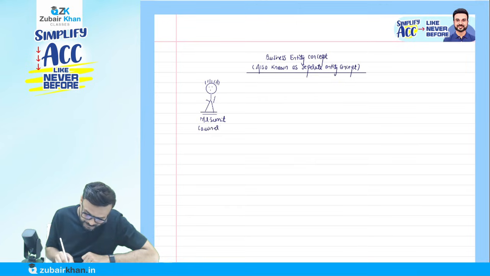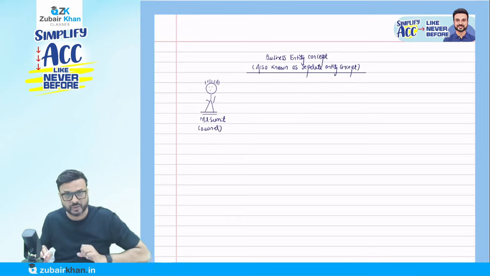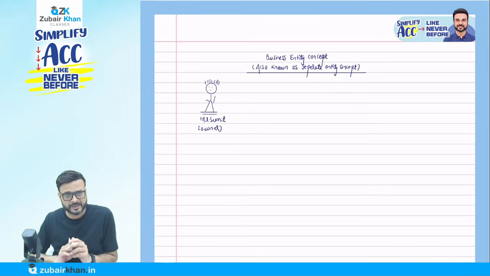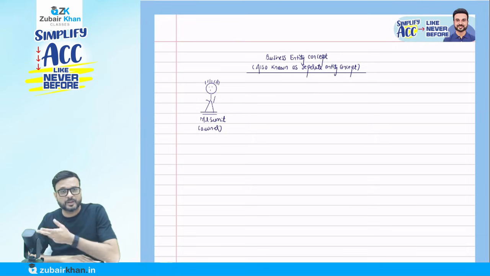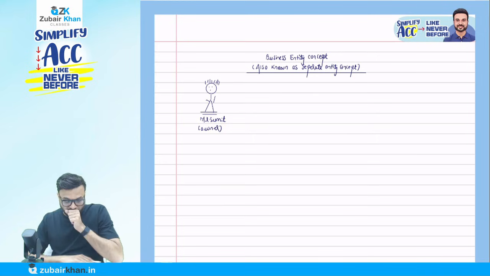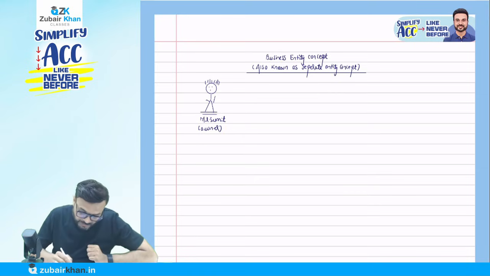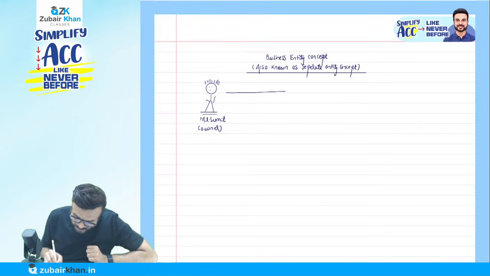He's not the business, he's the owner of the business. He decided to do some business. Once you become a chartered accountant, you may practice, you may teach, you may start your own business as well. So the owner decided to open a business and invested a certain amount in it.